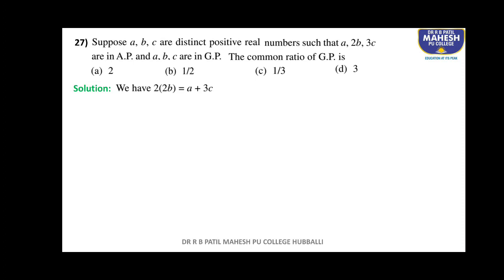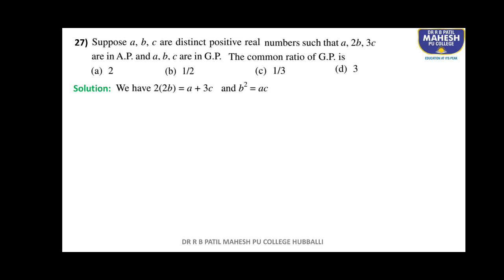If a, b, c are in AP we would apply 2b equal to a plus c; like that, here we consider 2 into 2b equal to a plus 3c. By using the second condition, a, b, c are in GP, we can write b square is equal to ac.